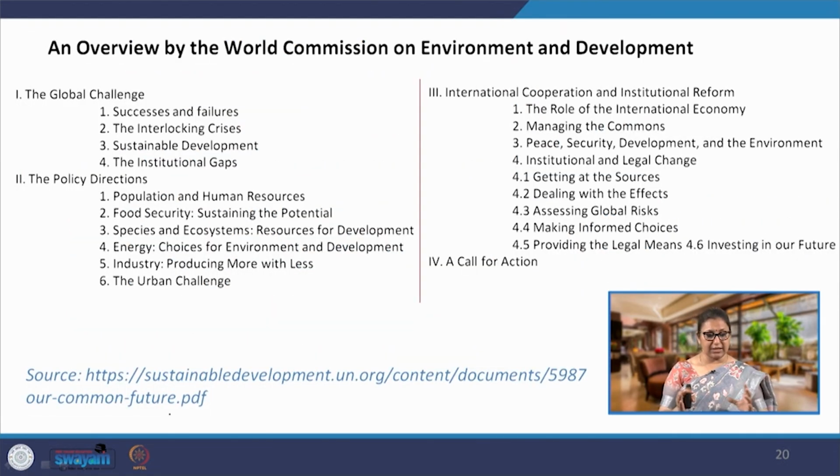So broadly, if we look at the report Our Common Future, first they identified the successes and failures, what have been the good case studies and not so good ones, what the crises are and how they are interconnected.